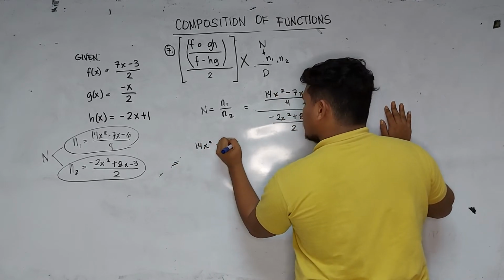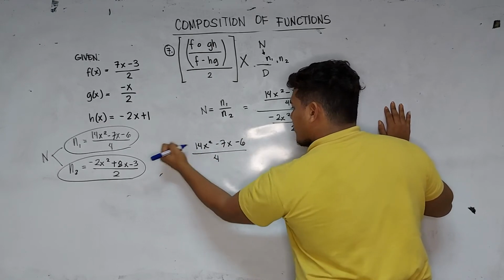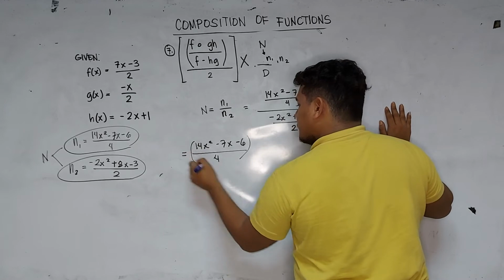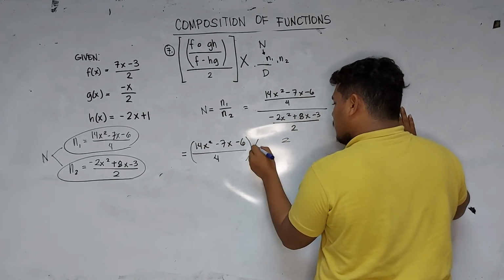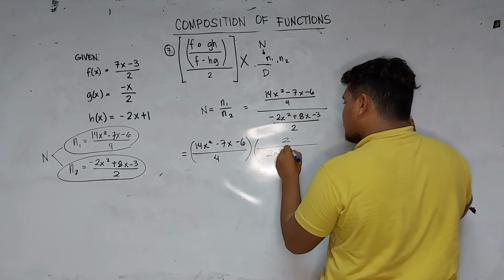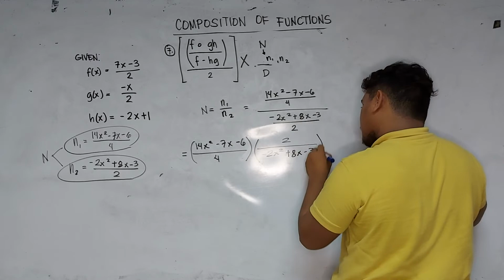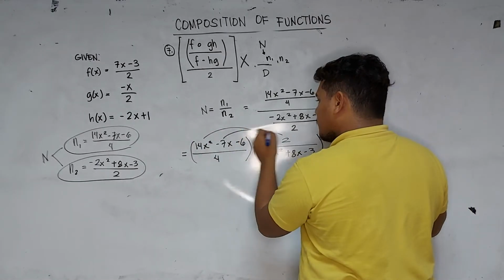minus 7x minus 6 over 4 times 2 over negative 2x squared plus 8x minus 3. Right? What happens next? Distribute.